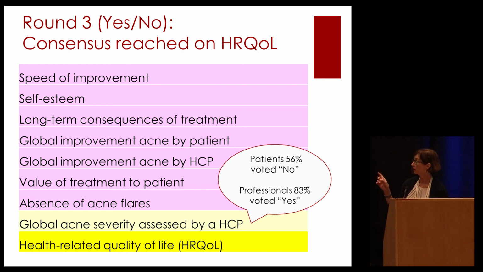But if you look at, again, the global acne severity as assessed by a healthcare provider, also known as IGA, 56% of the patients voted no, and 83% of the professionals in this particular round voted yes. So again, we haven't reached a consensus on that, but since global severity of acne is a way of measuring an acne sign, we're going to move that into the discussion phase as we move forward.